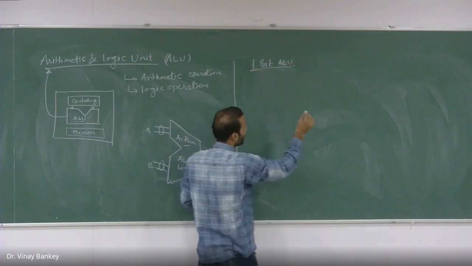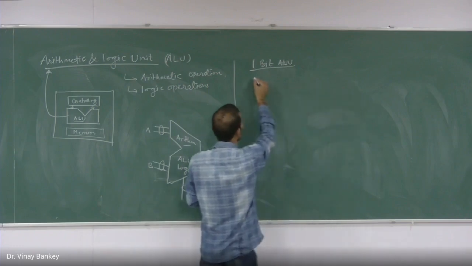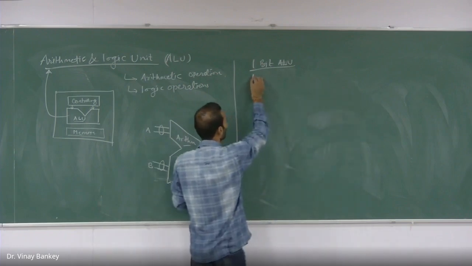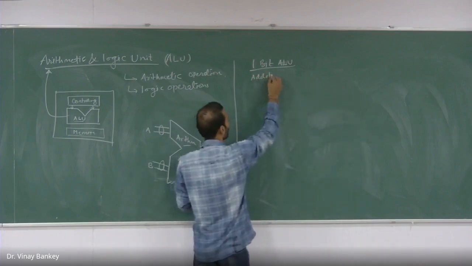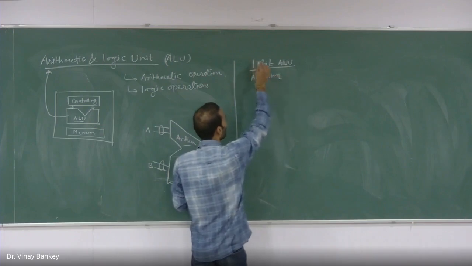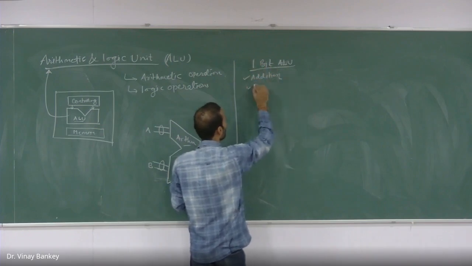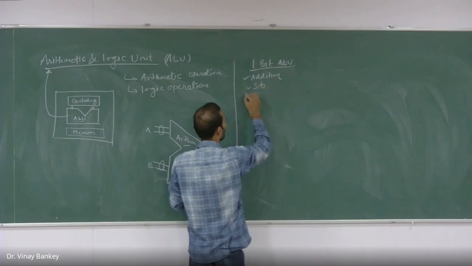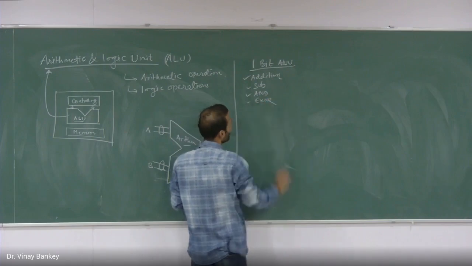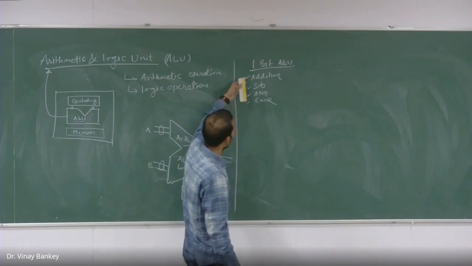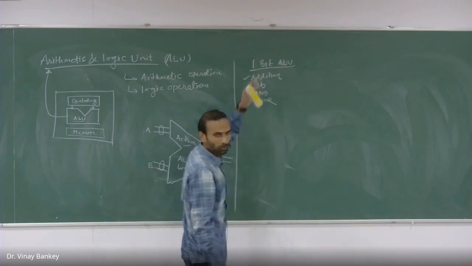I want my arithmetic logic unit to perform addition, subtraction. Third one is AND operation. The fourth is XOR. Let's suppose I want these 4 operations from my ALU.